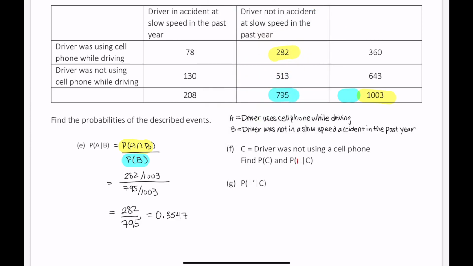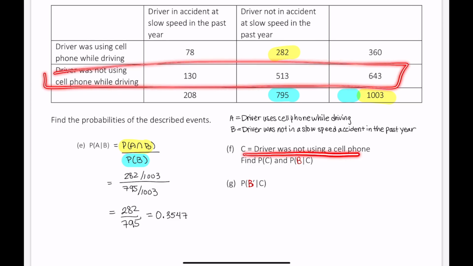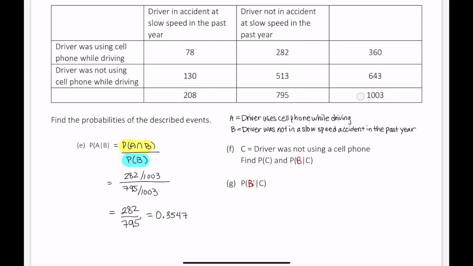And to emphasize that we fixed this, I'm doing this in red. You don't need to do it in red on your own paper, but you do need to change it to a B. So now C is the event: a driver was not using a cell phone. So that's this row here. And let's go ahead and erase these just to avoid any additional markings we don't need.